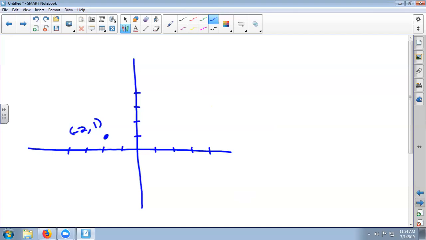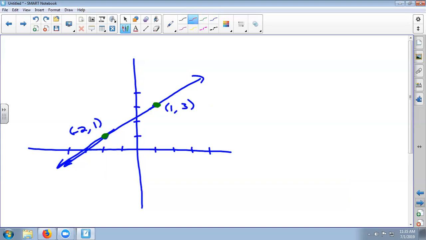Negative 2, 1. And 1, 3. I want to know the slope of this line.